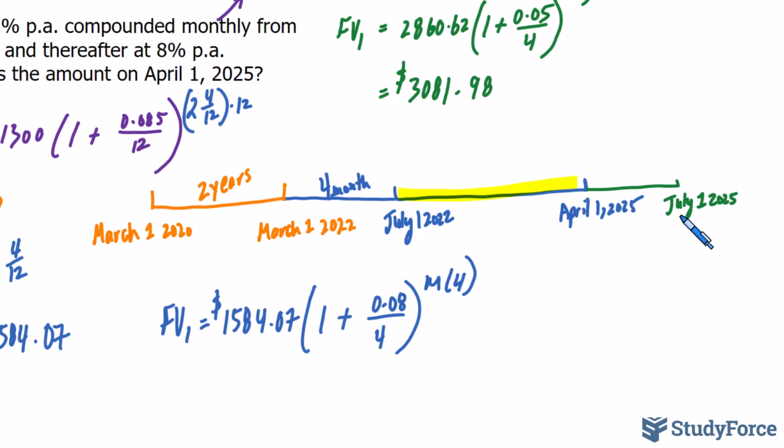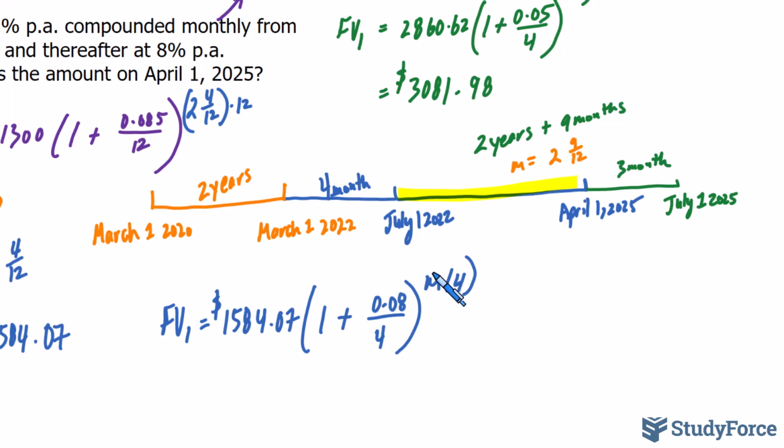July happens to be the 7th month of the year. April happens to be the 4th. 7 take away 4 is 3. So this is 3 months, which I will be subtracting from 3 years, had it been from July 1st, 2022 to July 1st, 2025. That means the duration is 2 years plus 9 months. 12 take away 3 is 9. Writing this down in years, we have an m value of 2 and 9 over 12.